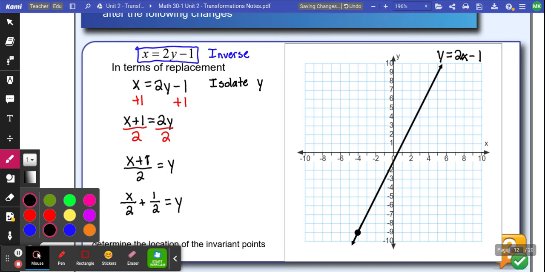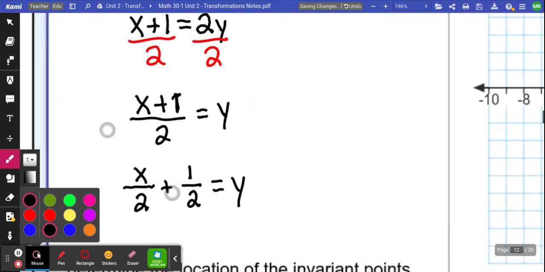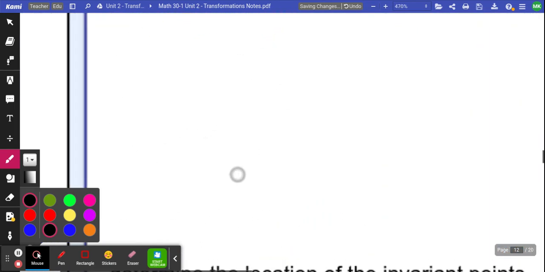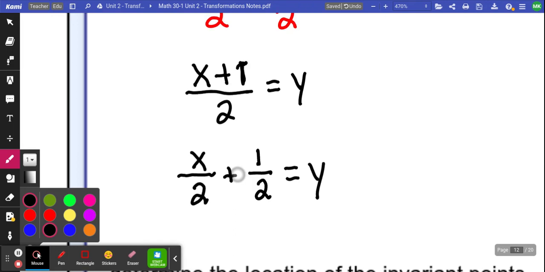Oftentimes we write it like this because it looks better. This is going to be more beneficial to us. That's why I've changed it. The reason this is more beneficial is I can graph that easily because that's in Y equals mx plus b form. A throwback to math 10.